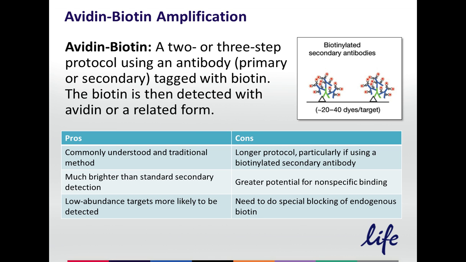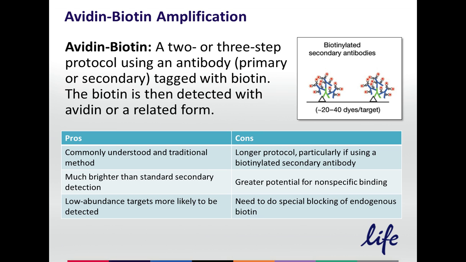The end result is that you get about 20 to 40 dyes on your target, so now you have a much brighter signal than you would with a standard secondary detection. This is a fairly traditional method. It's been used quite a lot and published on very commonly. It's much brighter, and low abundance targets are much more likely to be detected.